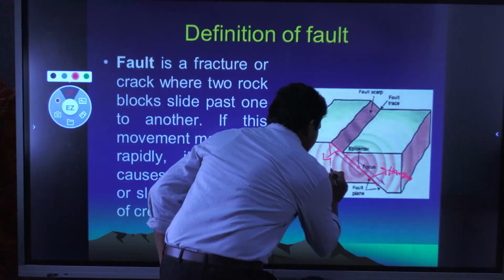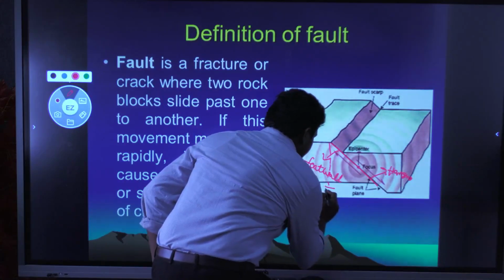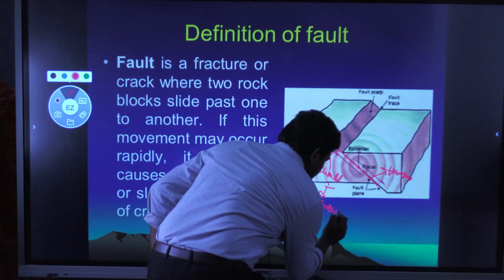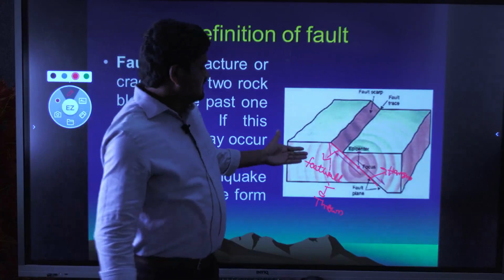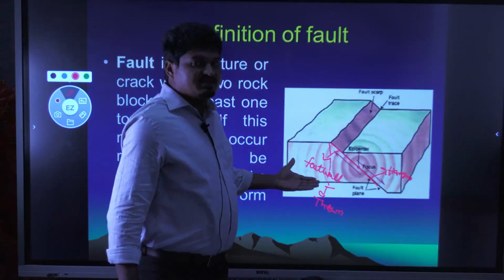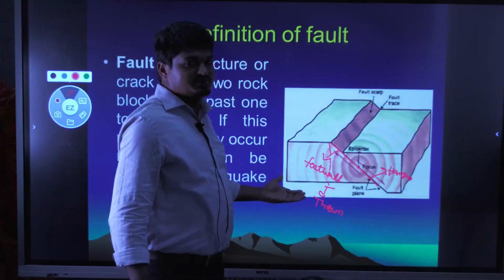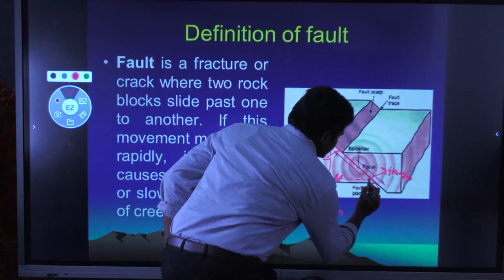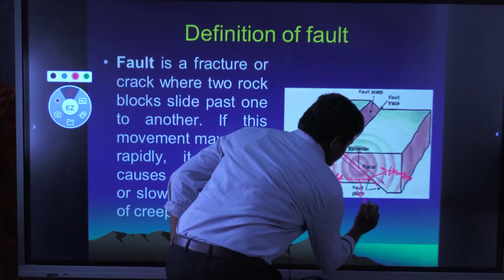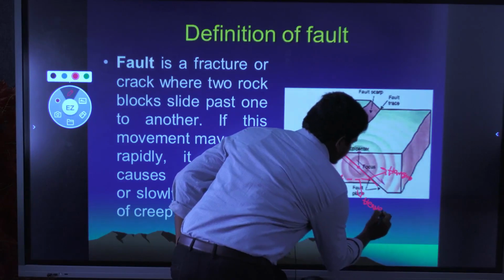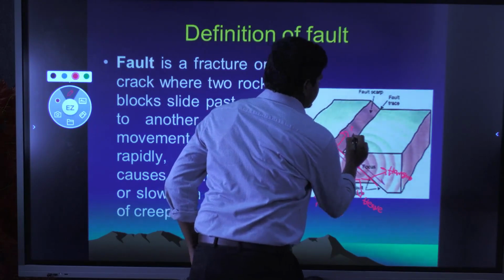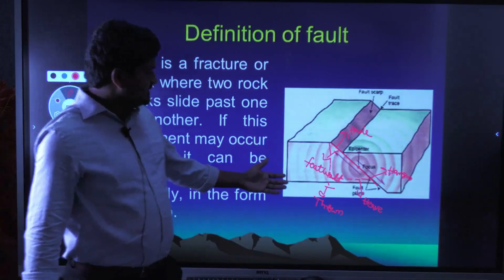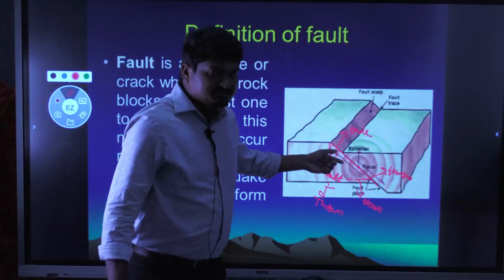When the place is displaced in vertical motion, we call it the throw. When the rock strata is displaced, the amount displaced in the vertical direction is called the throw. When the movement is horizontal, we call it the heave. The inclination of the bed we call the hade. In this image some inclinations can be identified.